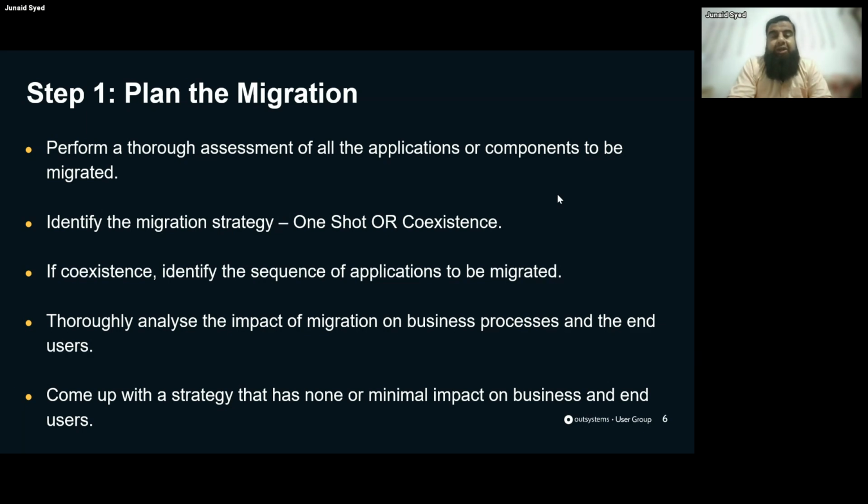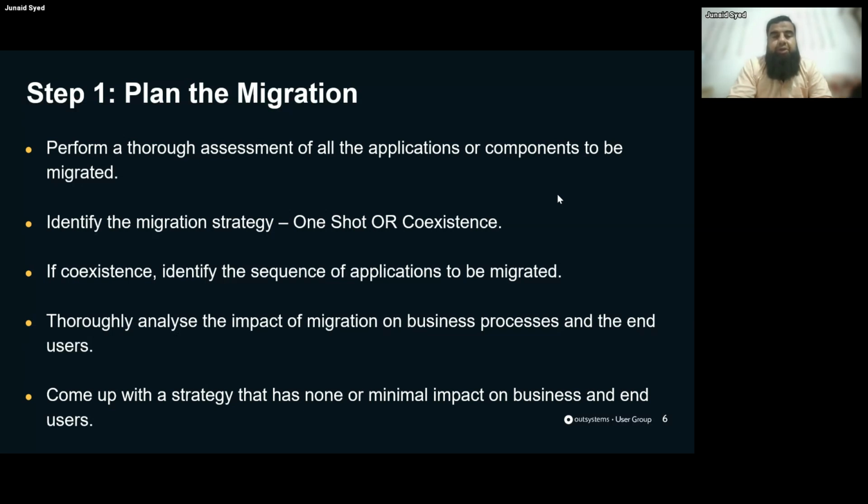So that again depends a lot on business, like which strategy would make the migration more robust, so that the end users are not impacted, the end-to-end process is not broken. And then also the technical assessment, which you have done earlier. So that helps you decide the sequence of applications that need to be migrated.